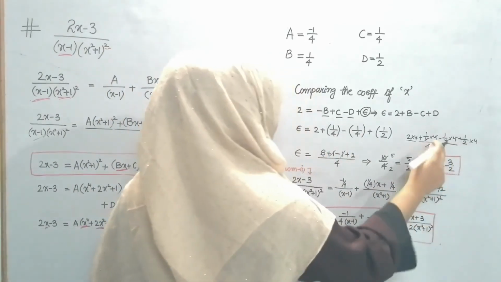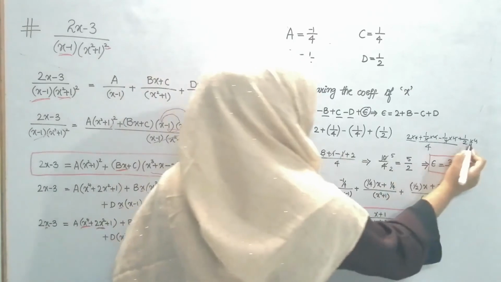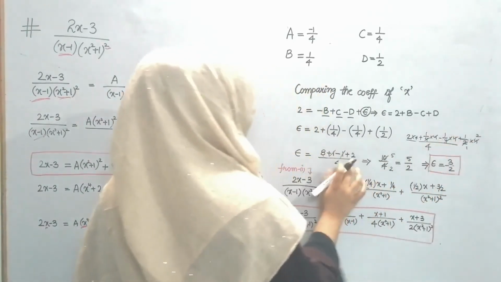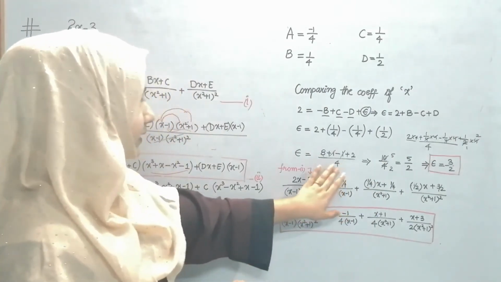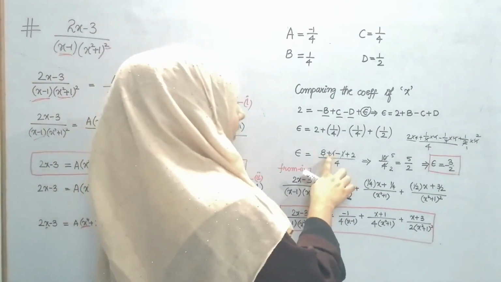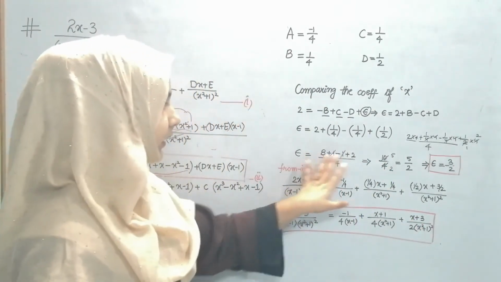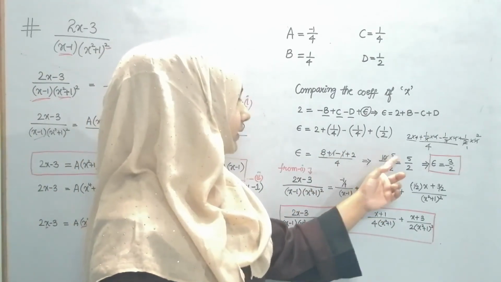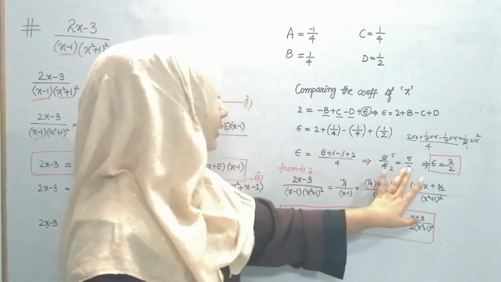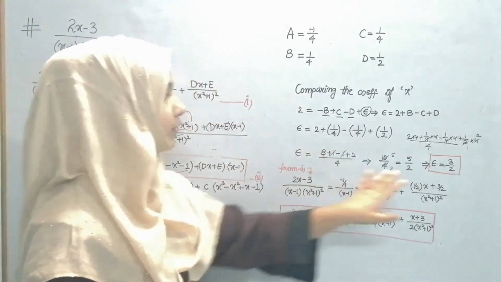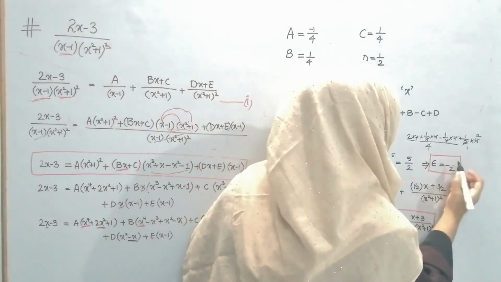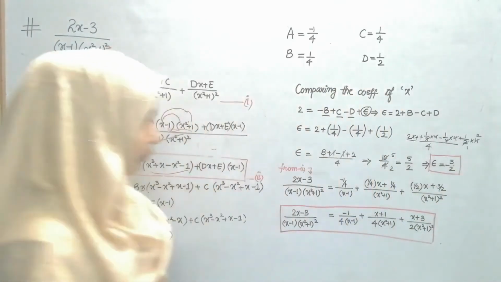Again this 4 goes, so I have minus 1. Then 2 into 1 is 2, by the LCM, which was 4. Here plus 1 minus 1 gets cancelled. 8 plus 2 is 10, so 10 by 4. 2 2s are 4, 2 5s are 10. So 5 by 2. This is the value of E. So E is equal to 5 by 2.